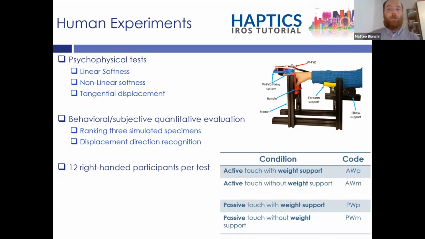And we tested this JND, we computed this JND for different conditions, active touch, passive touch, but we wanted to understand if the weight of the device was a problem or not.